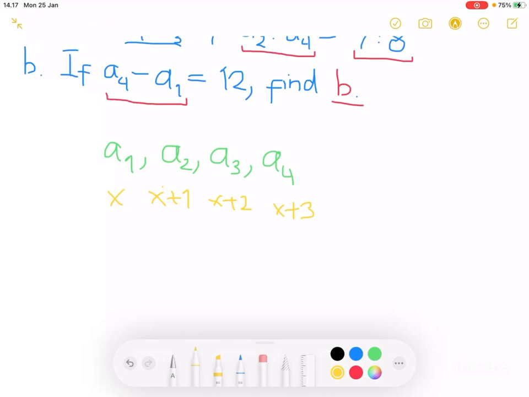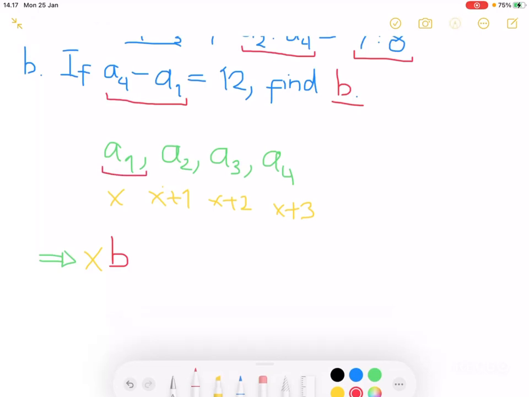Next we can rewrite each of these terms as follows. We have x, and then we multiply by b, because the order of the multiple times the number, in this case b, will give us a1.